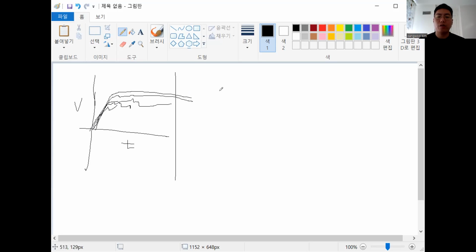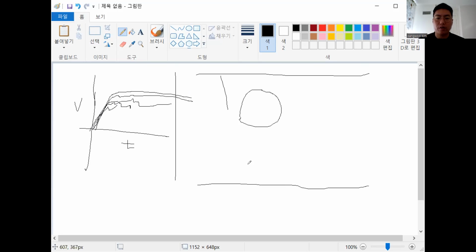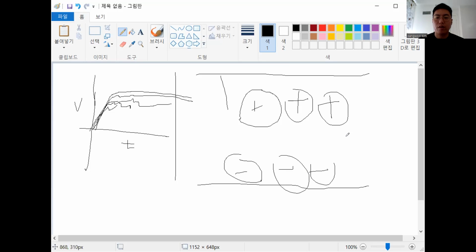So which means, look at that. Here's the dielectric inside, with minus, plus, plus, plus. There are many of them. So here's a plus and here's a minus.